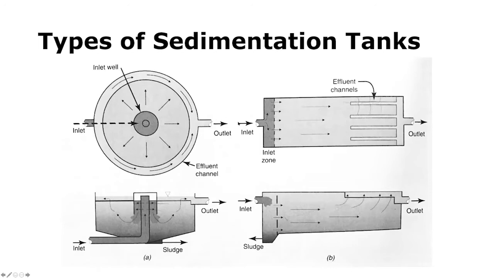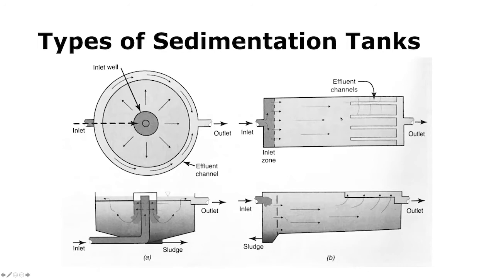The other type of configuration that's very common is a rectangular sedimentation tank. So here we would have an inlet pipe. That inlet water would be dispersed using some kind of baffle or dispersion structure with openings for the water to pass through, to spread it out evenly throughout the reactor. We would then have the water moving horizontally from left to right.